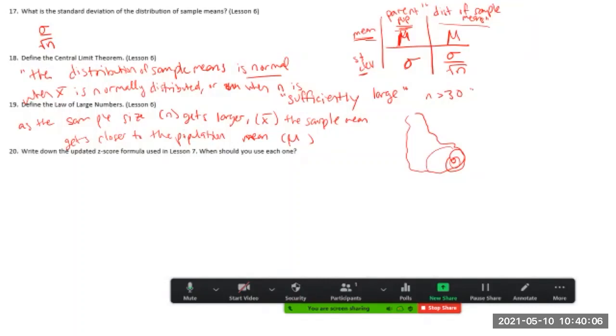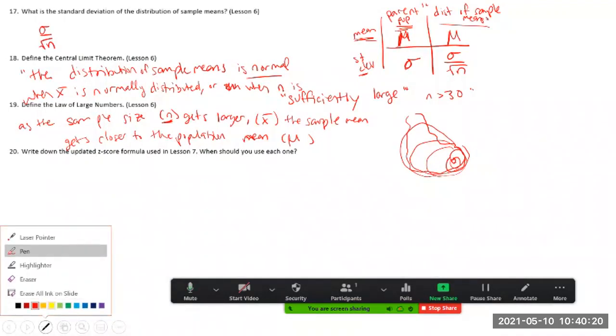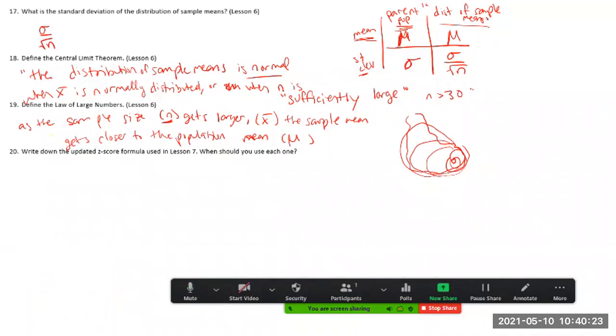And so as we add more and more people to our sample, it would be more representative of the whole population of the state of Idaho. And so as the sample size gets larger, the sample mean, which is x bar, gets closer to the population mean. It more accurately represents what we're trying to measure.